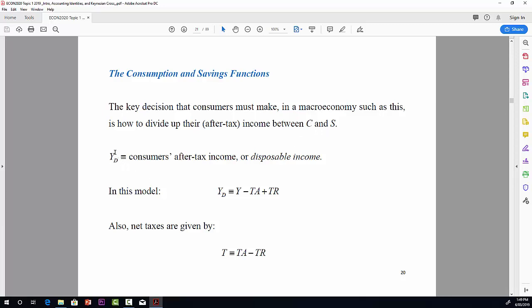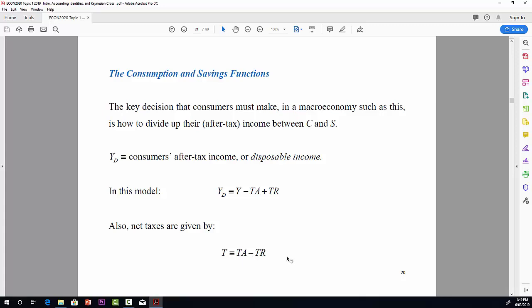So just a little bit more notation to hopefully make it easier. Let Y subscript D be consumers' after-tax income, or what's known as disposable income. So YD in this model is output, Y, minus taxes, plus transfers. Let's use big capital T as taxes minus transfers.